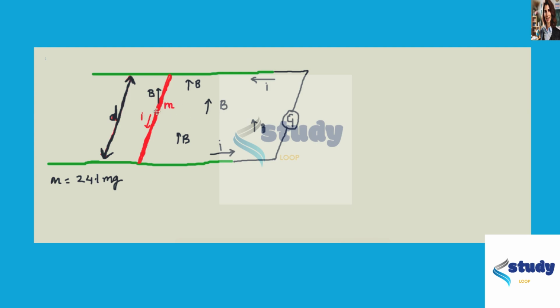Now since current is considered to be positive, the force should be on the left. So since the force is on the left, this wire should also move towards the left, right? So we can say the answer for B using the right hand rule.